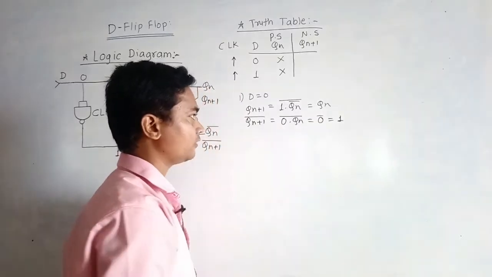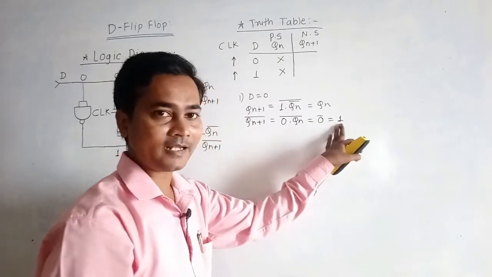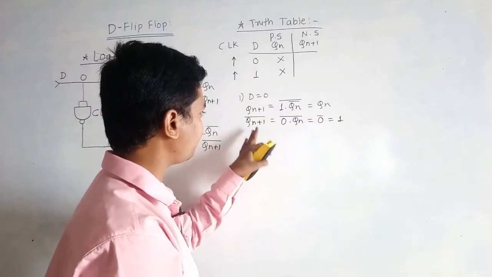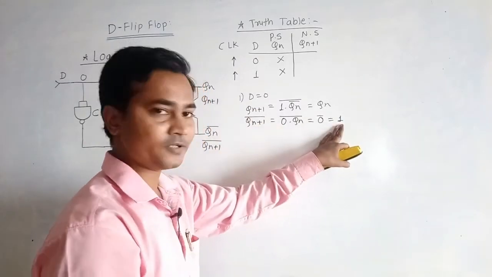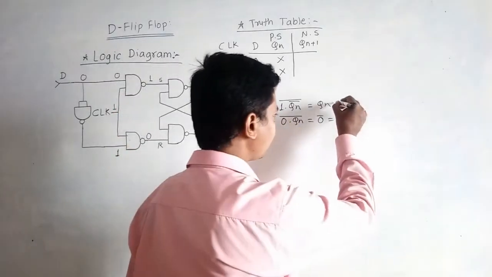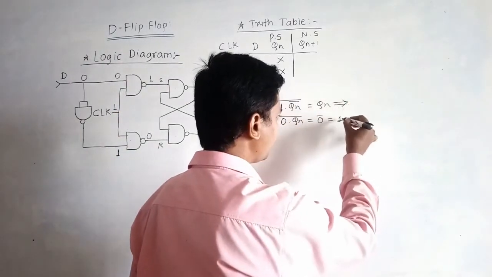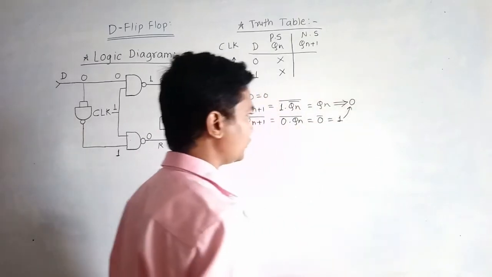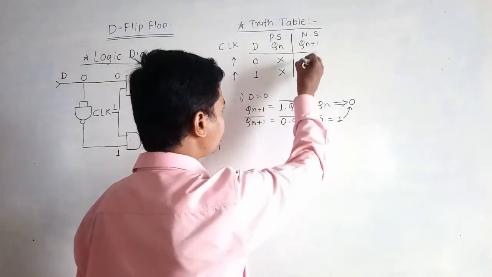Now we have obtained a fixed value. So if Qn plus 1 bar is equal to 1, then obviously Qn plus 1 should be 0. From this 1 we can directly say that it is 0 for Qn plus 1.